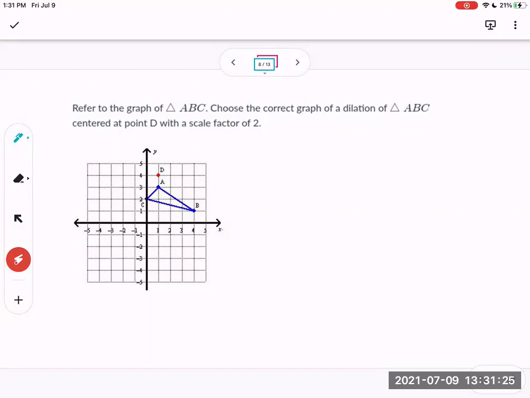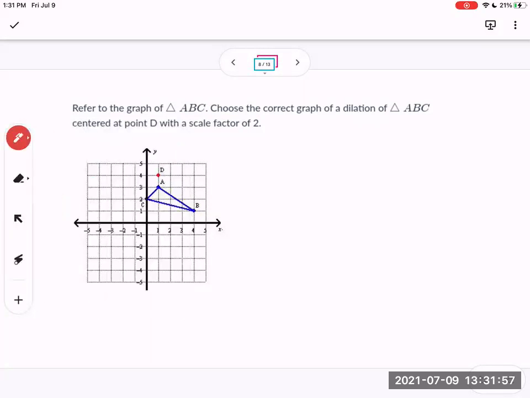A is going to go from here. It's going to be 2 times the distance, right? Since that distance was 1, it's going to be 2 away. Is that right?